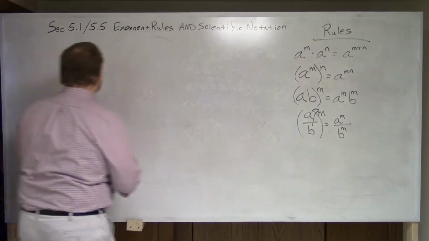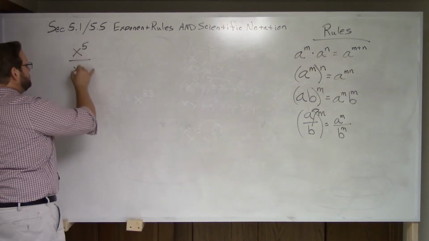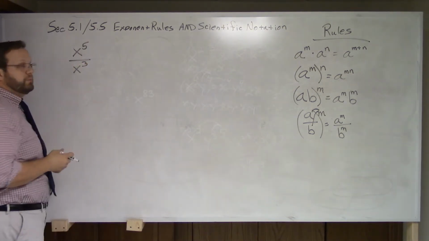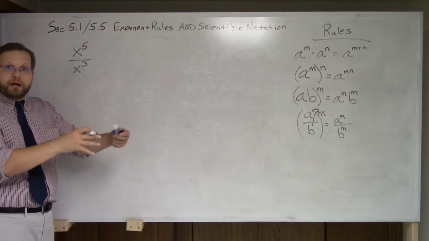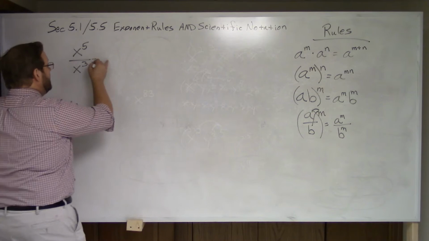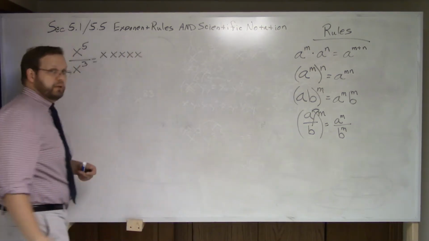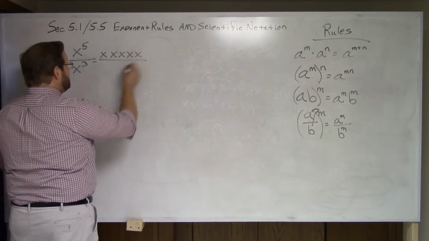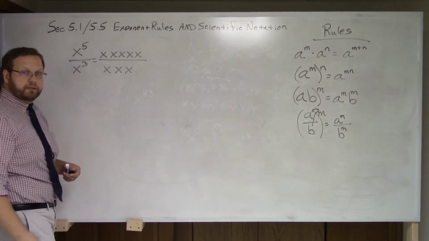Let's say we have something like that, okay? Now again, when in doubt, expand it out. What do I mean? X to the fifth is 5 x's being multiplied. X to the third, 3 x's being multiplied, okay?